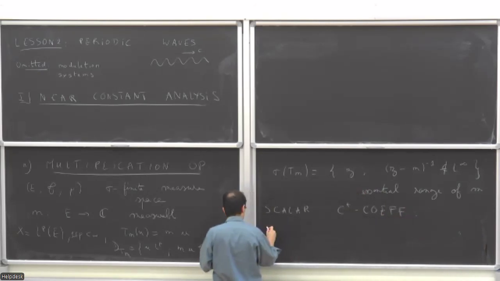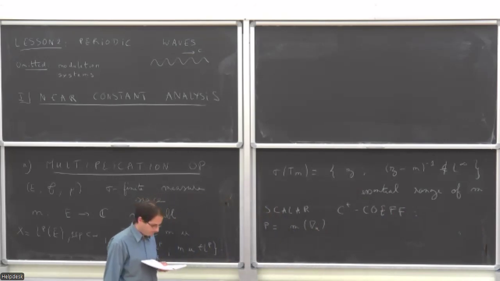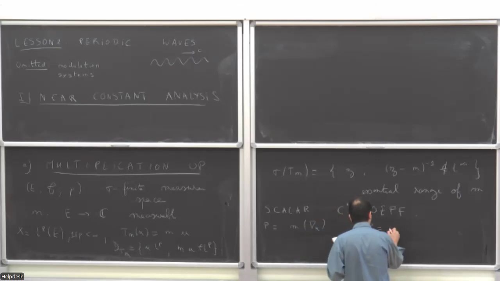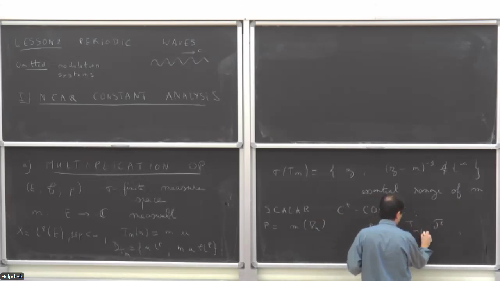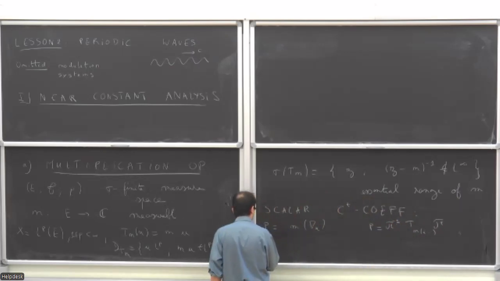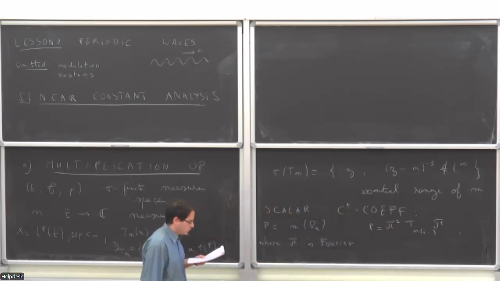What I mean by this is, by definition, that it's given in Fourier by multiplication by a scalar function.